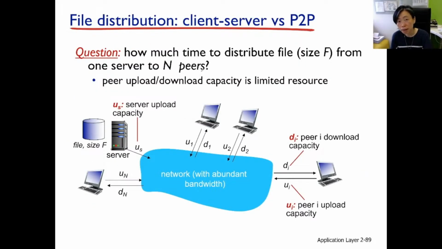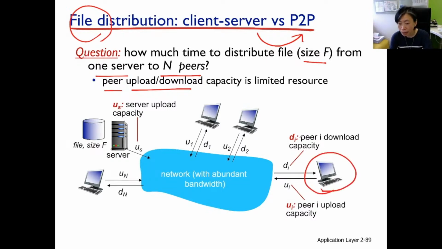Okay, before we talk about all these P2P application examples, let's talk a little bit more about the benefit of shifting from the client-server paradigm to the P2P paradigm. Right, there must be a reason why people choose to do P2P instead of client-server. And we're going to use a very simple example, to distribute a file from one server to end users. Each of these users will be limited in terms of the uplink as well as downlink capacity. So look over here.